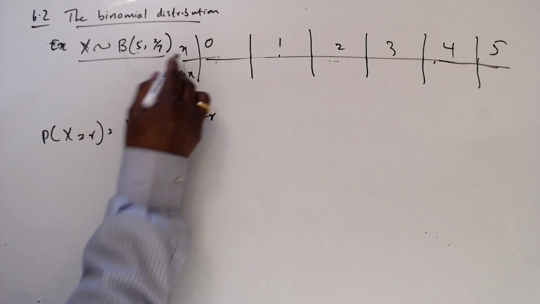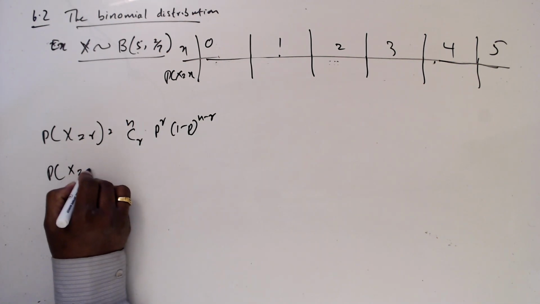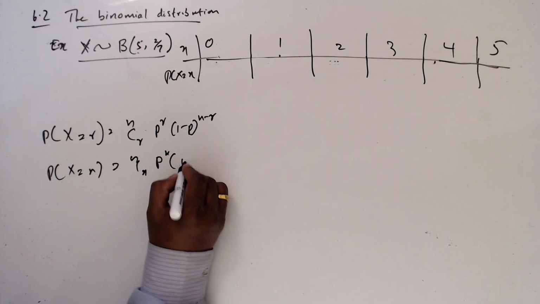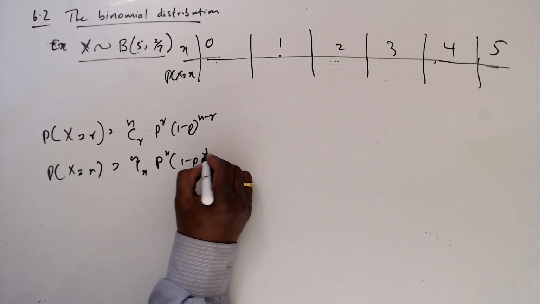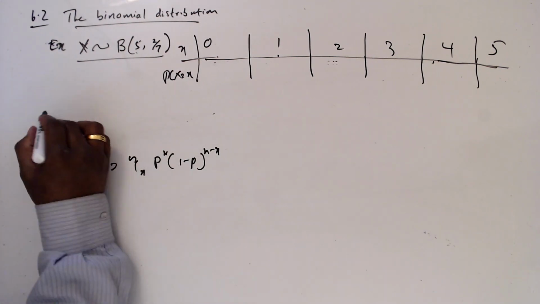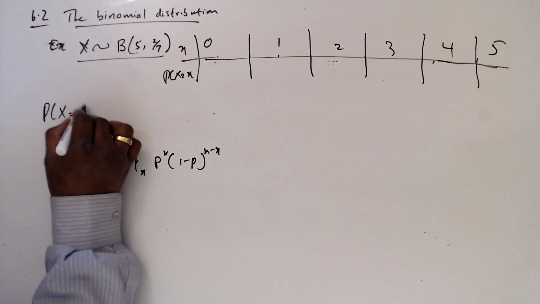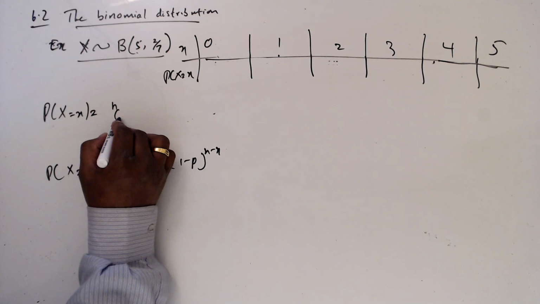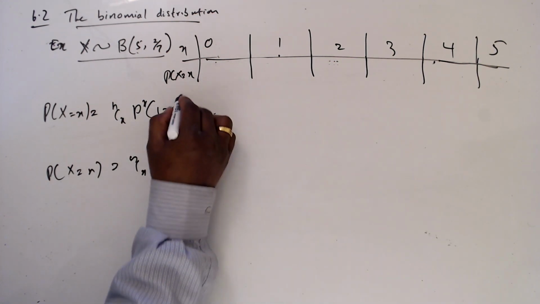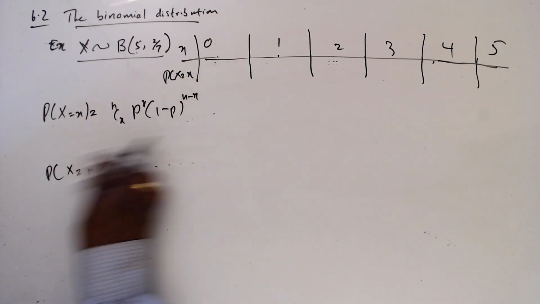So if this is x, I will take away r: P(X = x) is nCx p^x (1 − p)^(n − x). So then I have the P(X = x) equal to nCx p^x (1 − p)^(n − x).